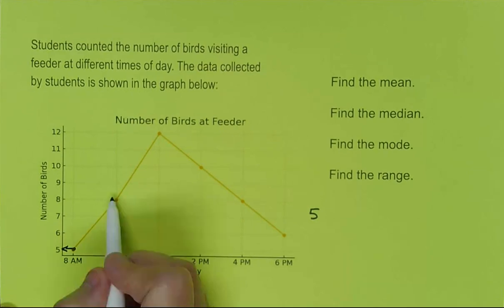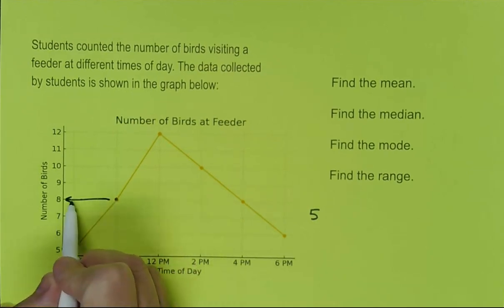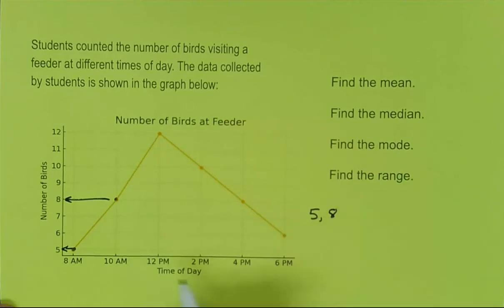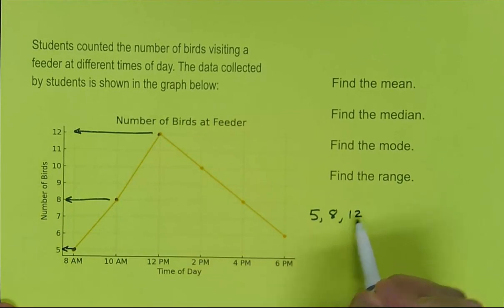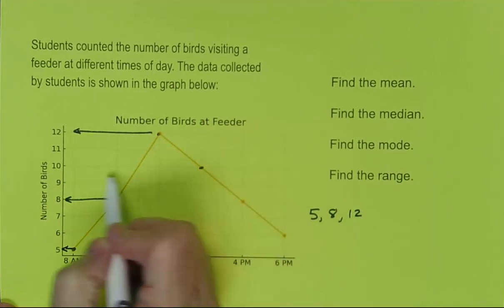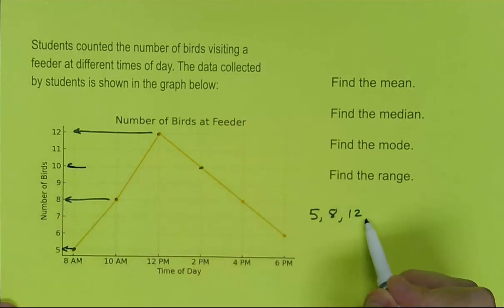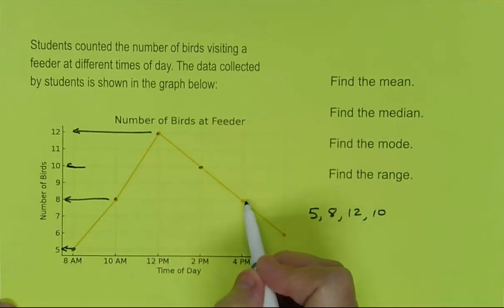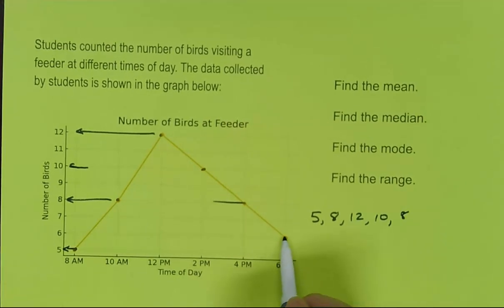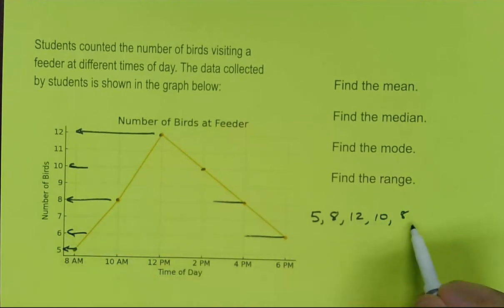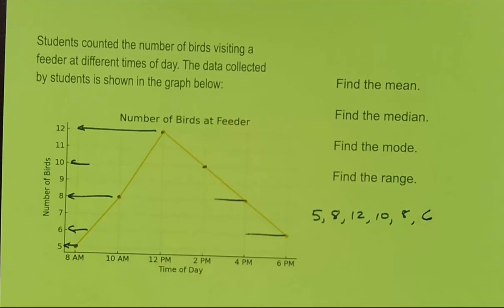At 10 a.m., there were 8 birds. At noon, there were 12 birds. At 2 p.m., there were 10 birds. At 4 p.m., another 8. And at 6 p.m., looks like 6. So now I have my list of numbers that I got from the graph.